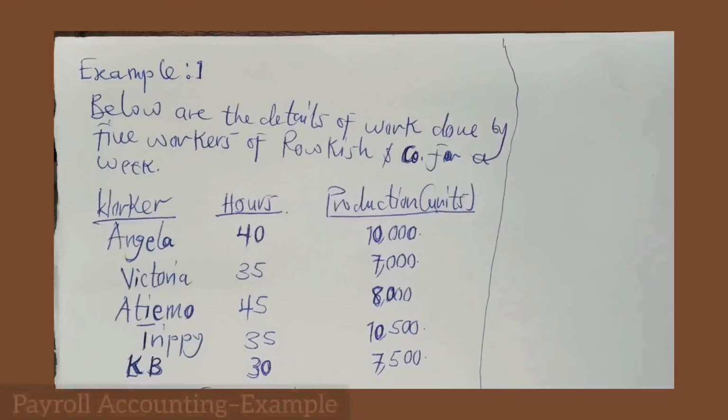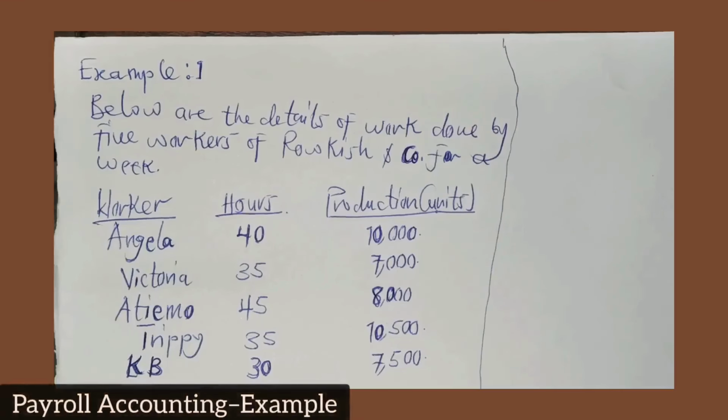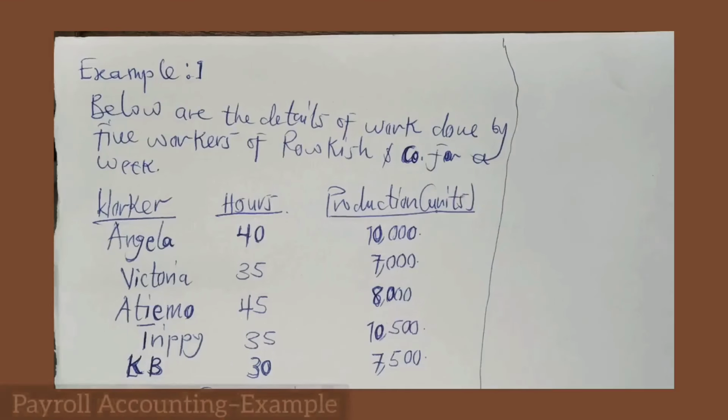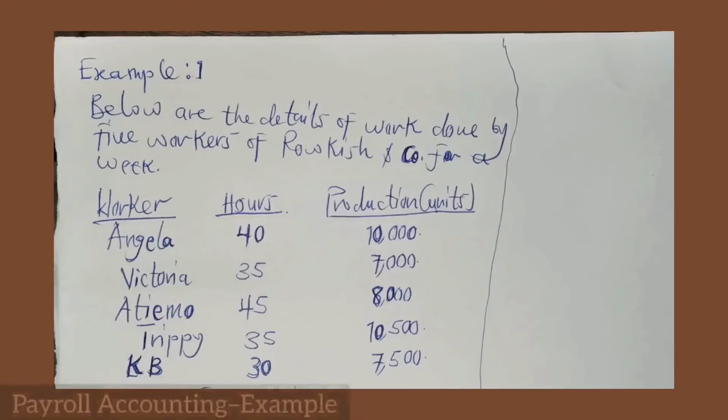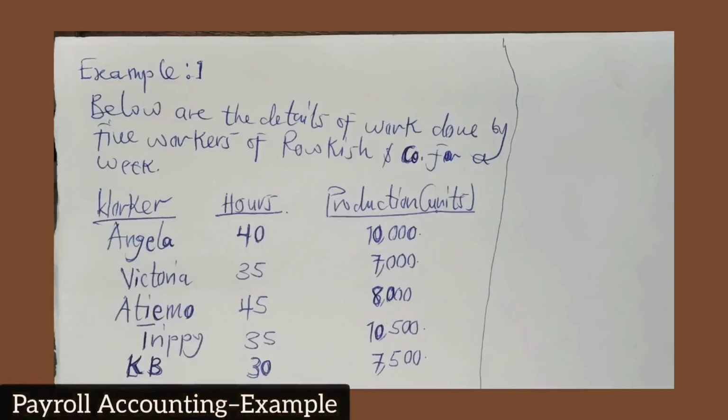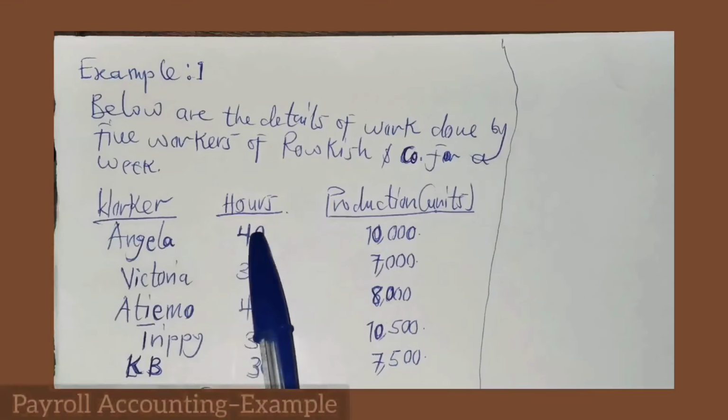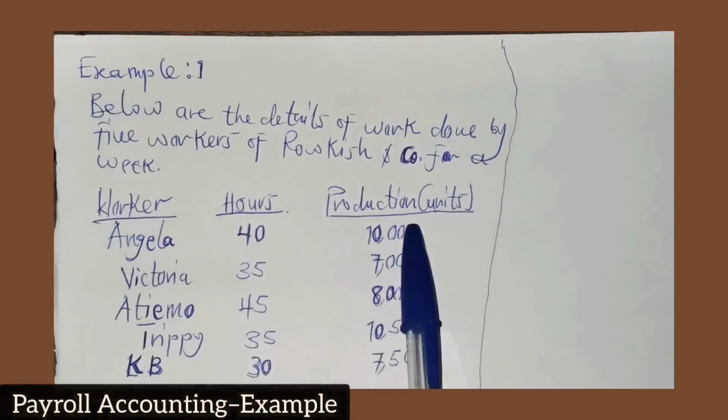So I read. Below are the details of work done by 5 workers of Rockish & Co. for a week. So these are the workers, their hours that they work, then the production unit.